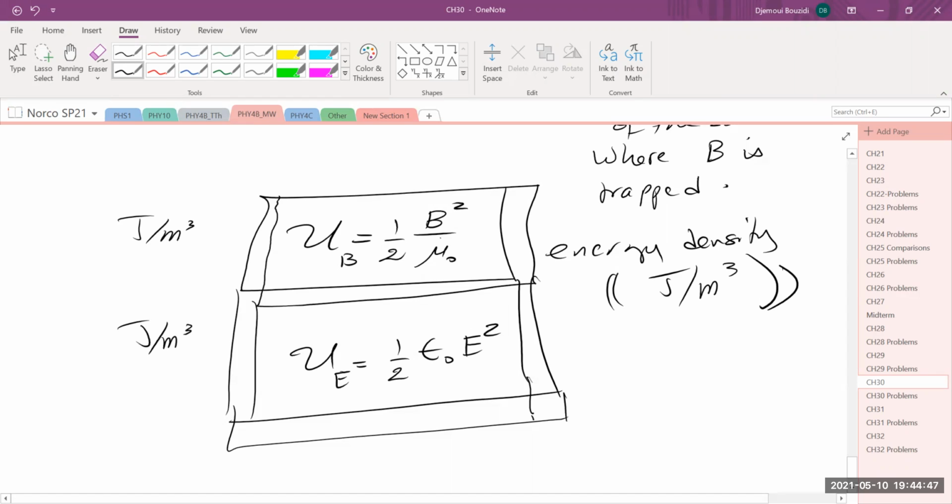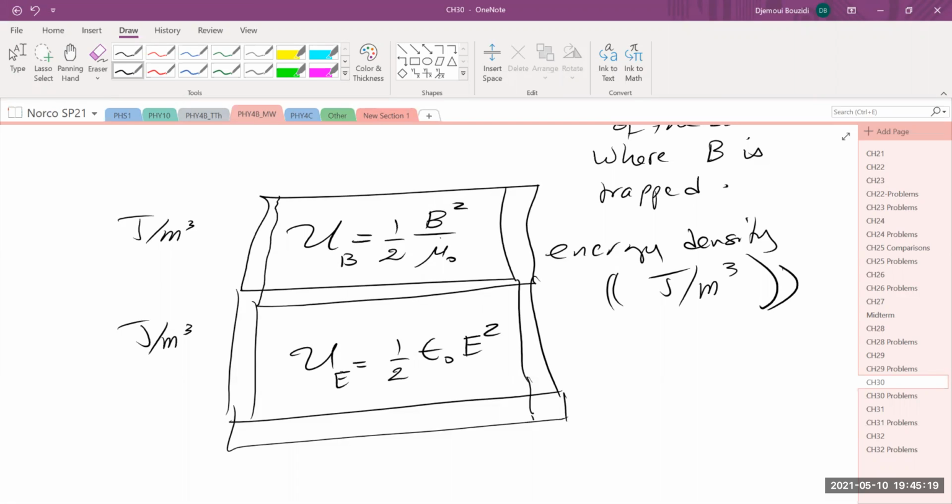Today in physics 4C, we actually did the Young experiment, the double slit experiment, and during that derivation, we found the intensity for the light on a path that is outside of the central, basically on screen. We said, okay, when we do physics 4B, we're going to see that the intensity is proportional to the square of the field, of the electric field in that case, and it is.